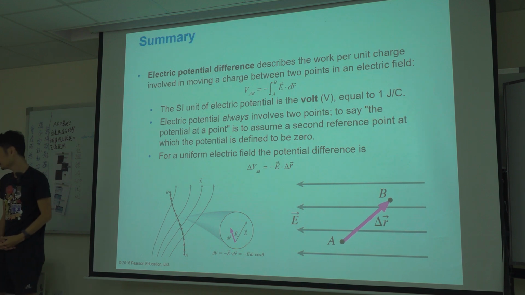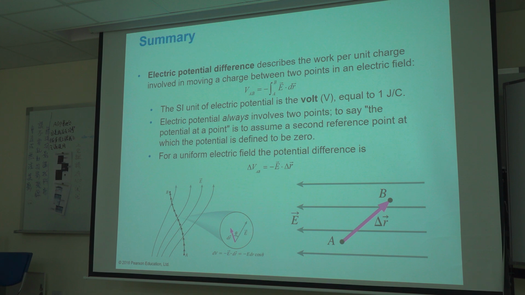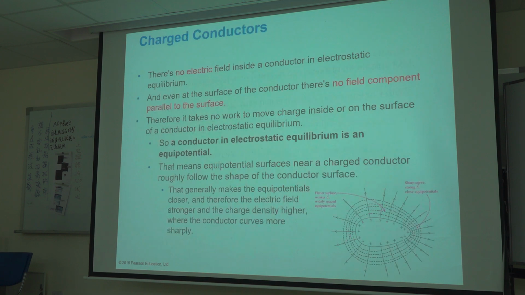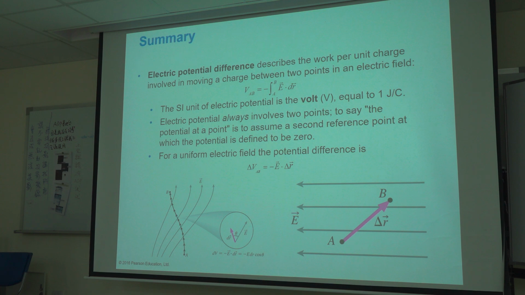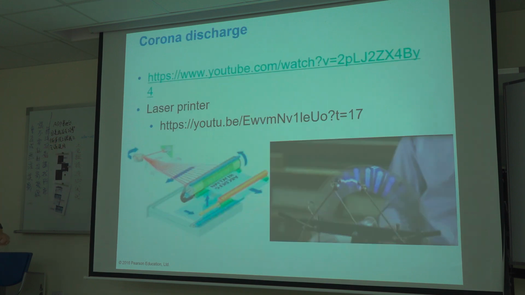Okay, so that's what we talked about in this chapter. What did we talk about? We talked about electric field and electric potential, and then the superposition principle and equipotential. Maybe we should watch this.